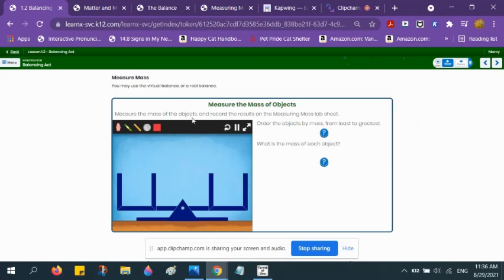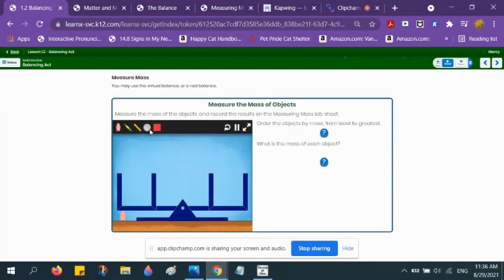Measure the mass of the objects and record the results in the measuring mass lab sheet. Order the objects by mass from least to greatest. So which object do you think will be the lightest? The eraser. The eraser, I think, will be the lightest. So that has the least mass. Least mass means the lightest. Greatest mass means heaviest.